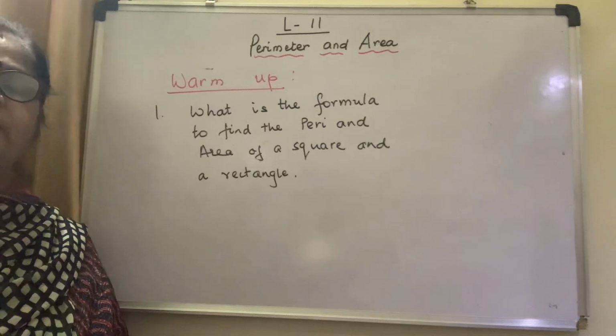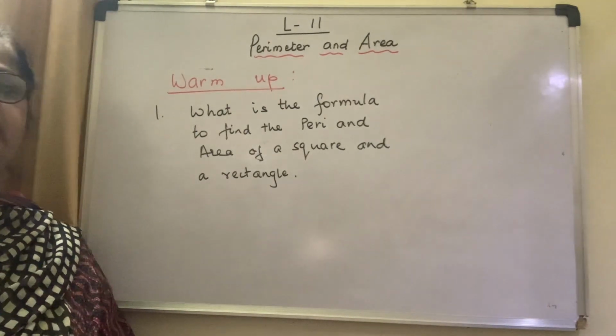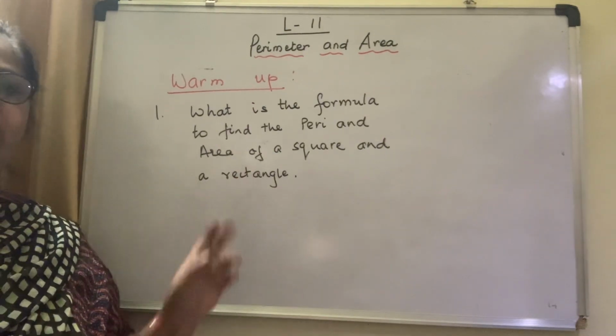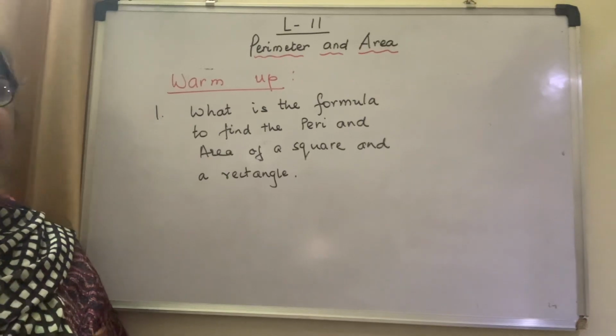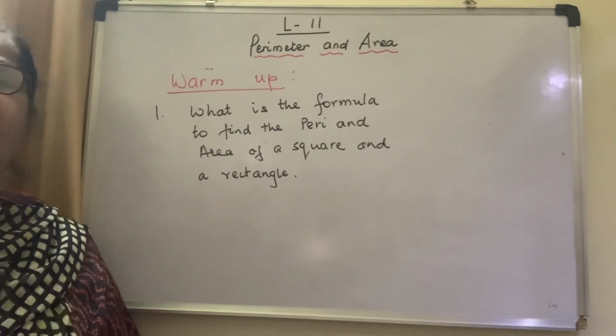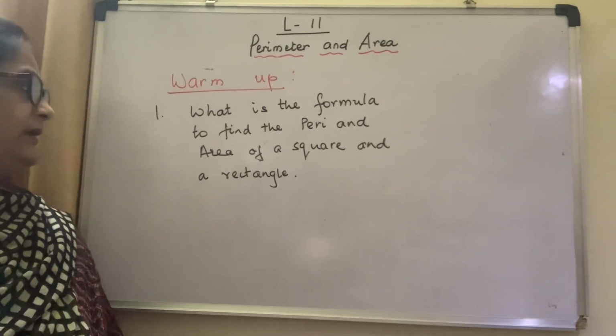Square and a rectangle, we call it rectilinear figures because they are made up of straight lines. They are four-sided figures. In a square, all the four sides are equal. In a rectangle, opposite sides are equal. Both in a square and a rectangle, opposite sides are parallel also. Right.